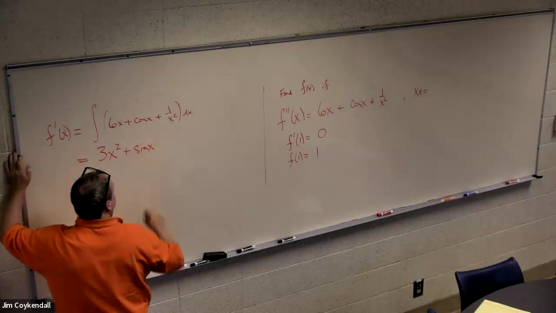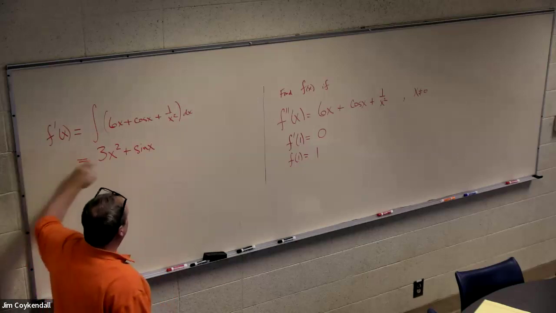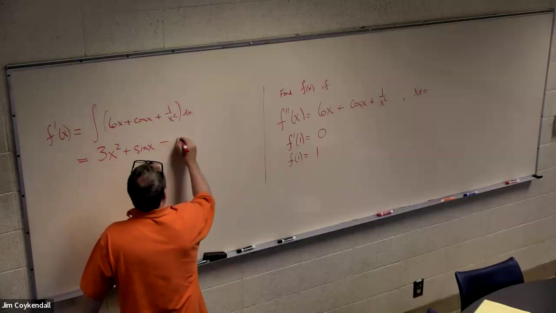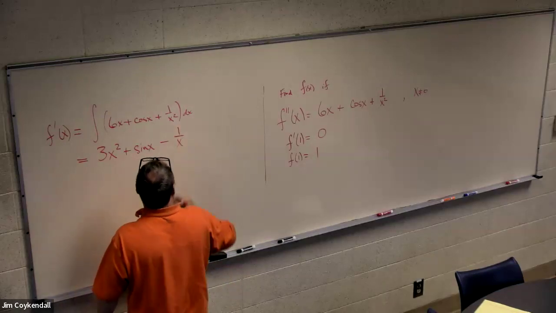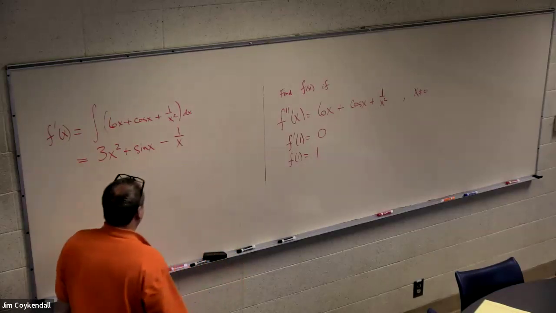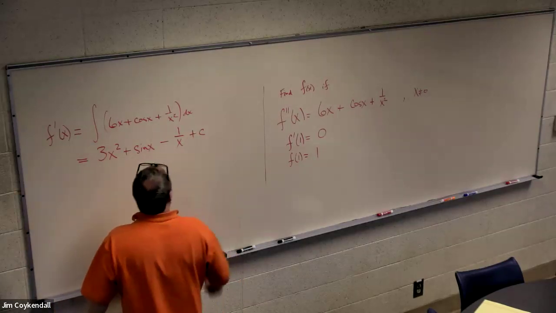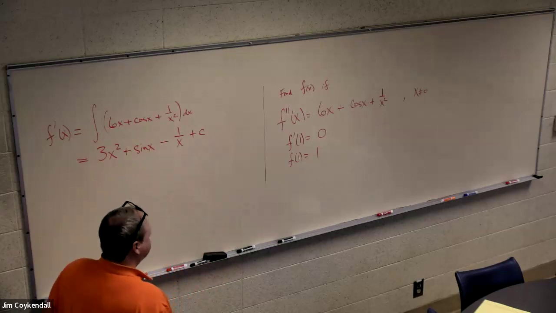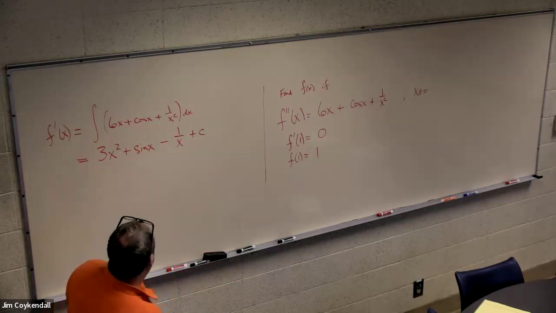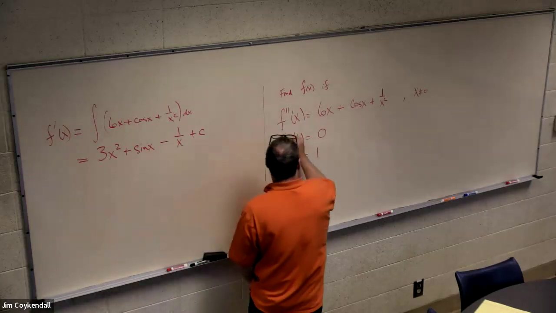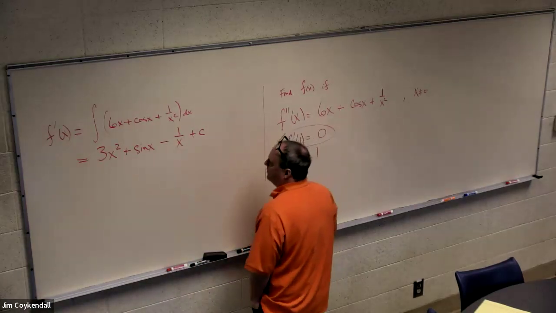I think it's sine x. And this is x to the minus 2 power, so I get minus x to the minus 1, over x. Plus constant. Now, I don't know what that constant is. This piece of information will tell me.